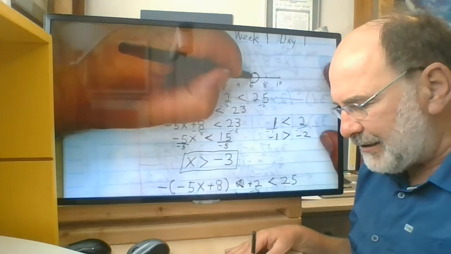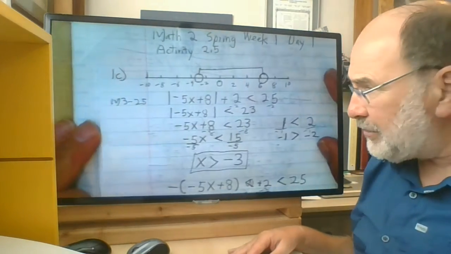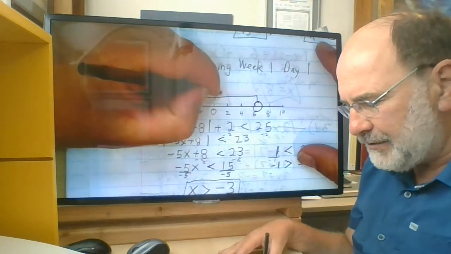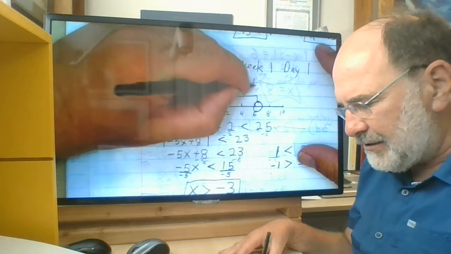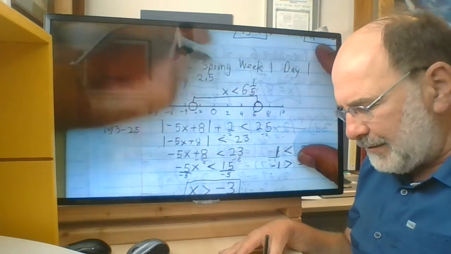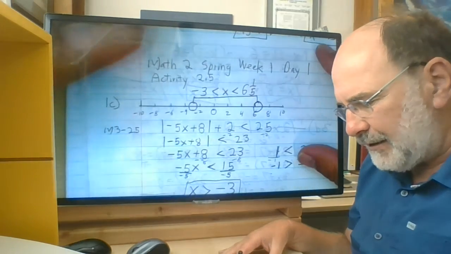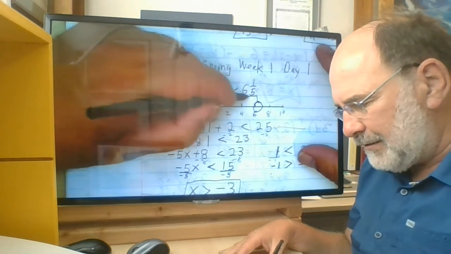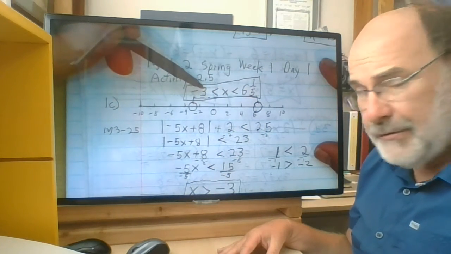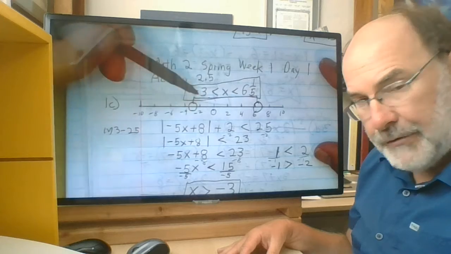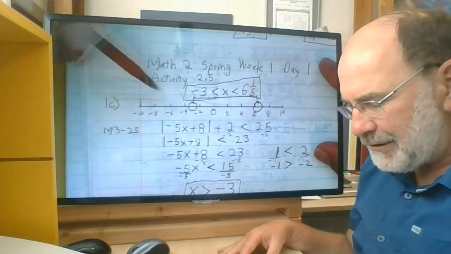So here's a situation where the entire solution spans x is strictly less than 6 1/5, while it is strictly greater than -3. So in one little tidy expression, here it is in written form, the solution. Here it is in graphical form on a one-dimensional number line.